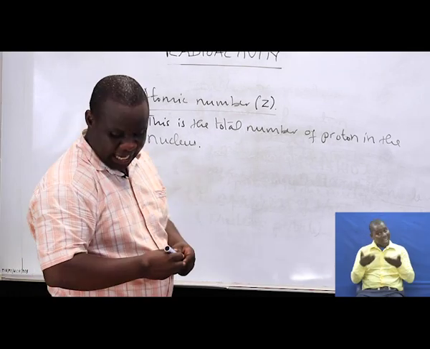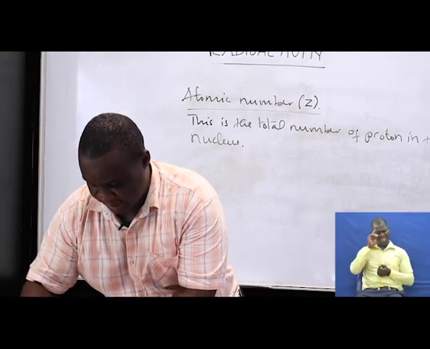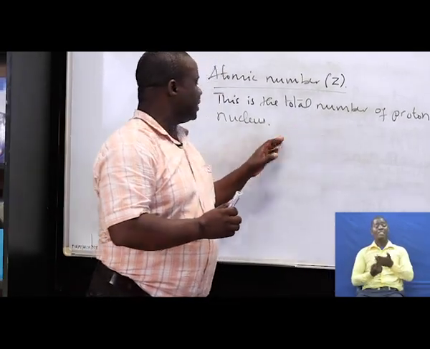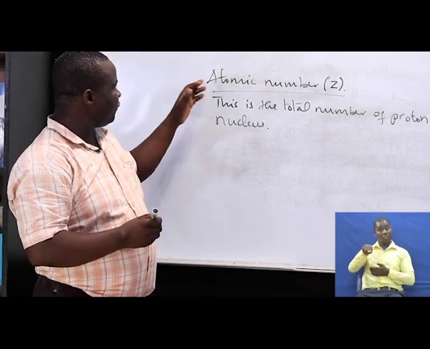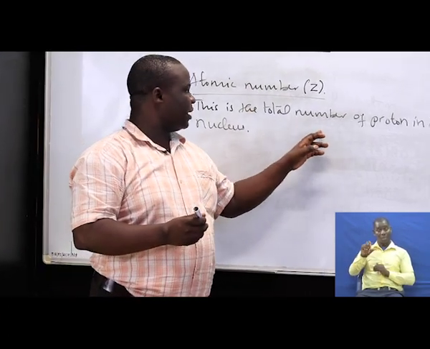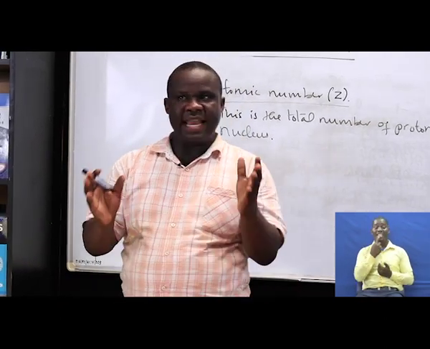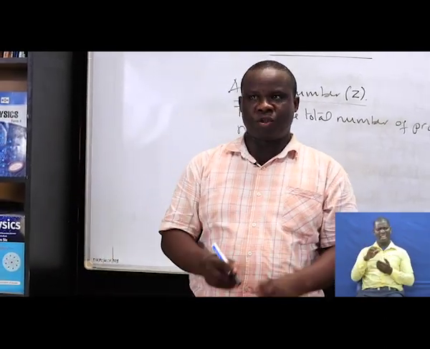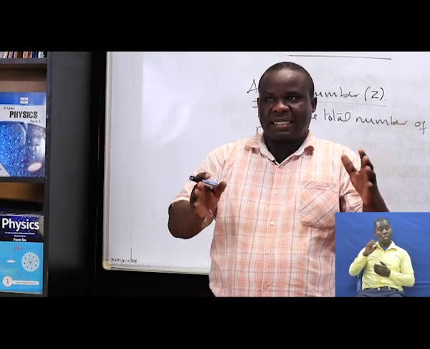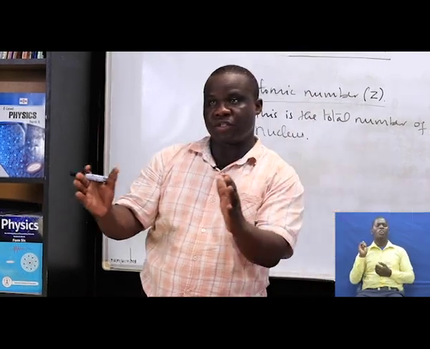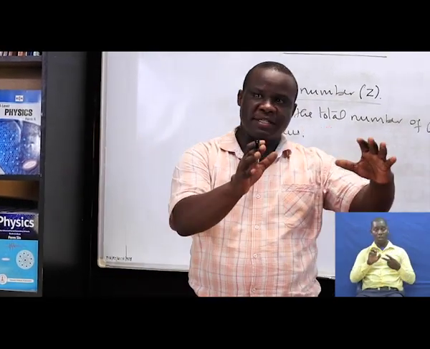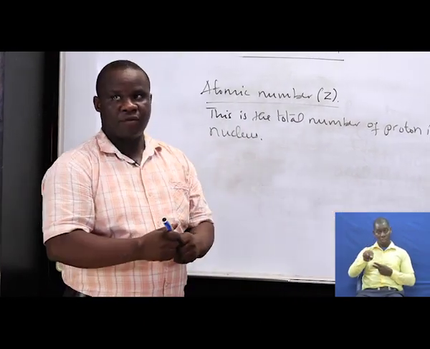Now, since a proton is in the nucleus, and we define atomic number as the total number of protons in the nucleus, we can say that for an electrically neutral atom, the number of protons is equal to the number of electrons.